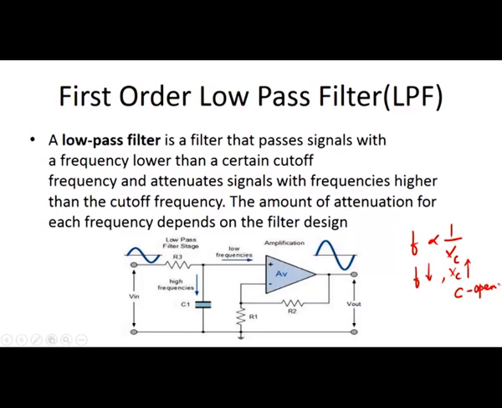So, if you check the lower frequencies at the input of this particular circuit, we know that Xc is very high for a lower frequency. So, this capacitive effect will be very high, and the capacitor will be open for the low frequency signal.